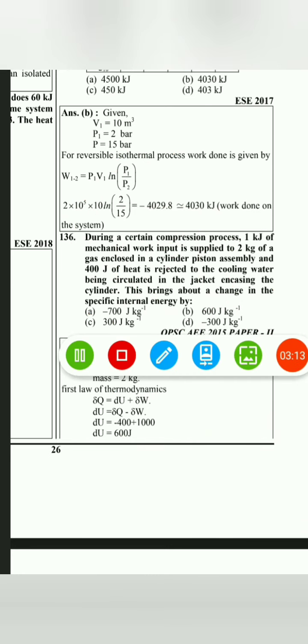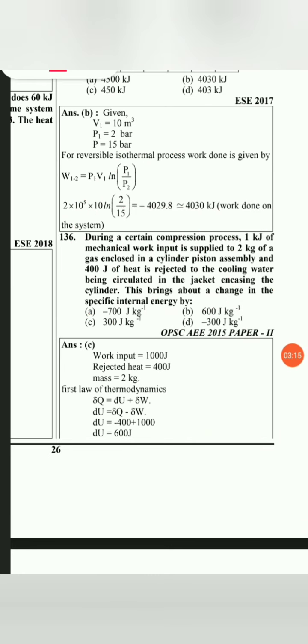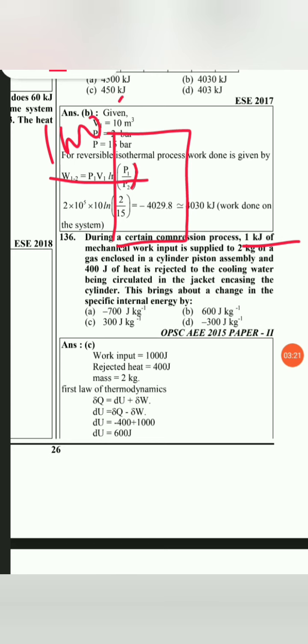Again I have solved it on screen for a better understanding. Here work will be 1 kilojoule, so input is 1000 joule with a negative sign because it is work done onto the system, out of which 400 joule is rejected to the surroundings.